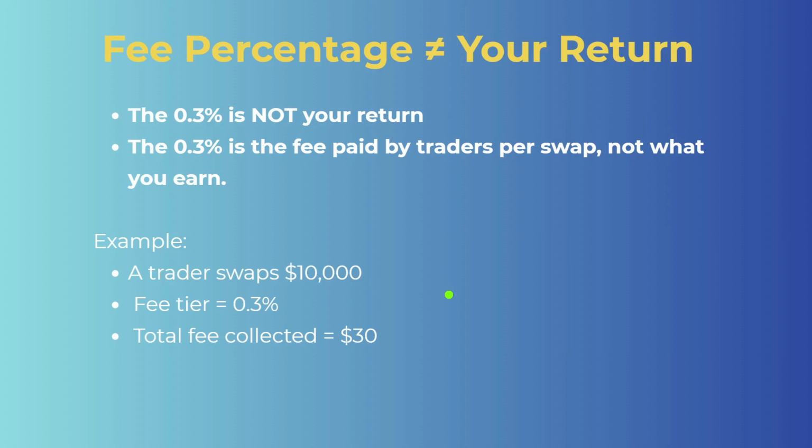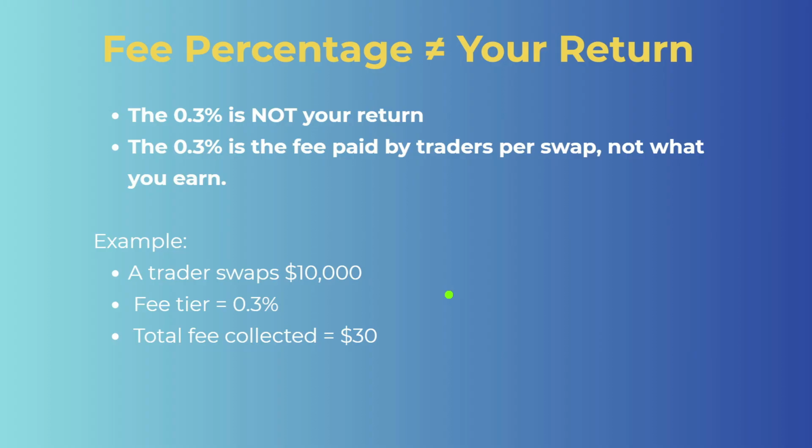Let's talk about the difference between the fee percentage and the return that we get as liquidity provider. That 0.3% is not our return. That 0.3% is the fee paid by traders per swap, so not what we earn.